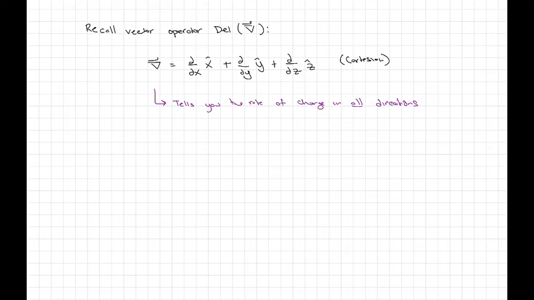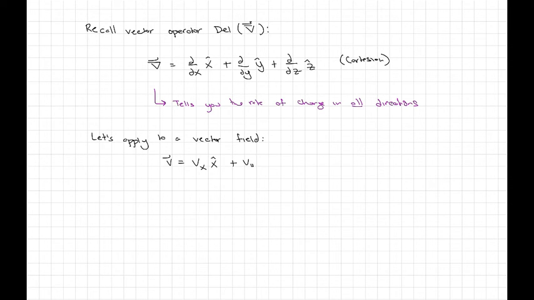Let's apply it, instead of to a scalar field, which is what we did when we calculated the gradient, to a vector field. So when I apply this to a vector field, let me pick a vector first. I'm going to pick something really general. V, you can think of it like velocity if you want.